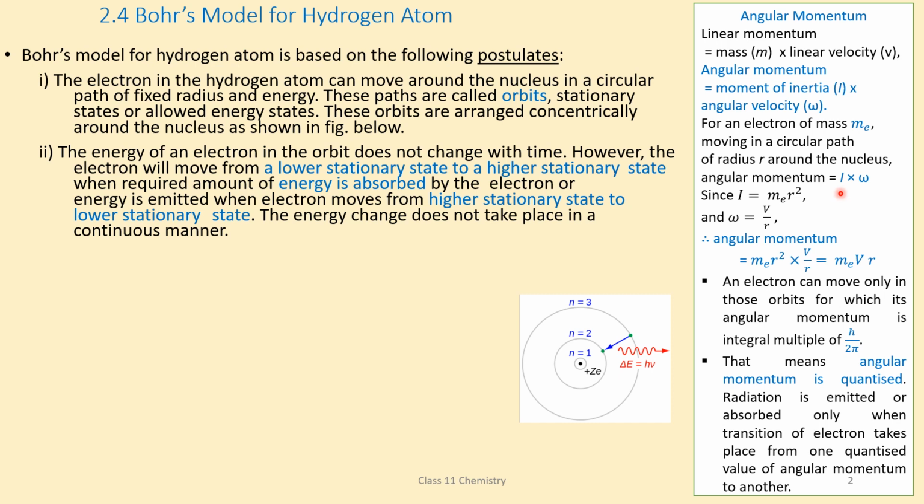For an electron of mass me moving in a circular path of radius r around the nucleus, angular momentum is equal to I cross omega. Since I is equal to me r square and omega is equal to v by r, where v is the linear velocity, therefore angular momentum is me r square into v by r, that is equal to me v r.